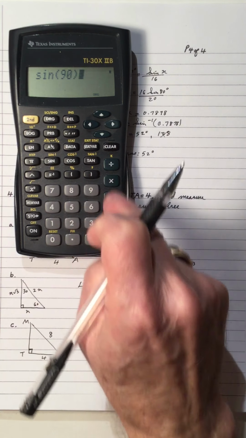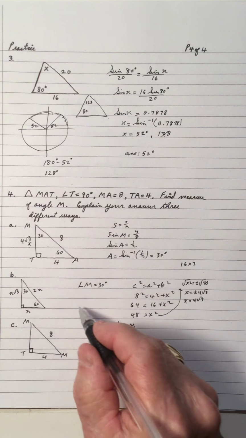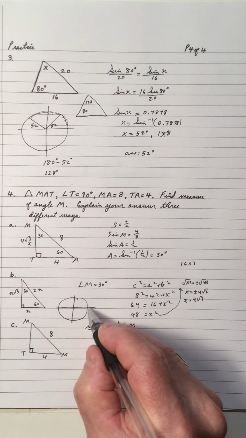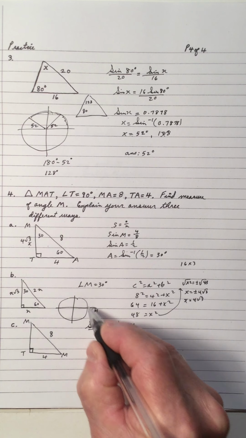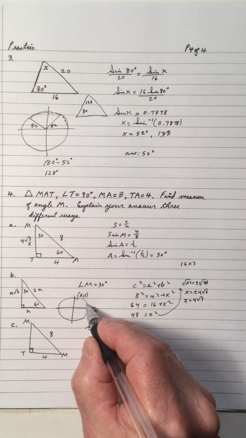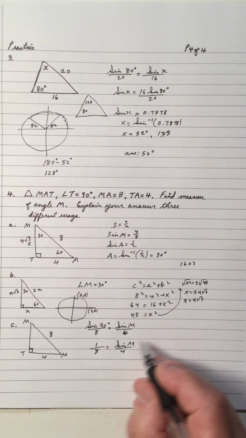The sine of 90 is 1. And another reason for that, I'll do it right here. If you have the circle, this is 1, 0. This is 0, 1. So this is 90 degrees rotation right here. So sine is the y, so the sine of 90 is 1.